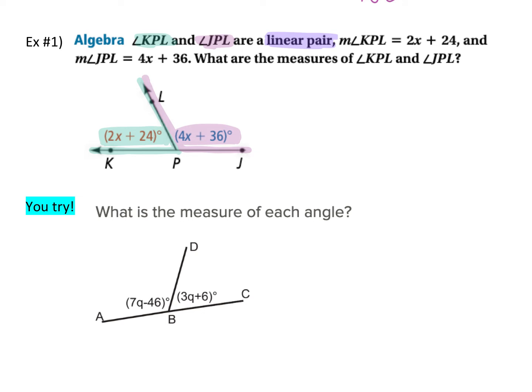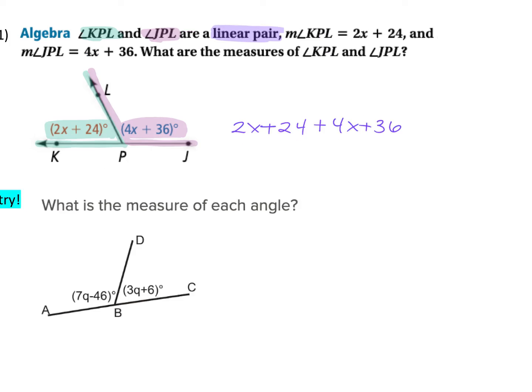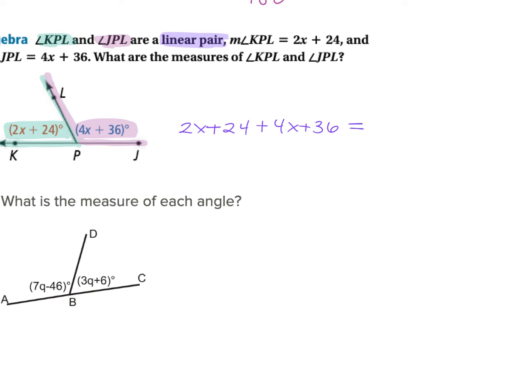You're going to take your 2x plus 24 and your 4x plus 36 and add them together and set them equal to 180, right? Anytime you see a straight line, like this straight line with two angles, you will set it equal to 180 every single time, okay?